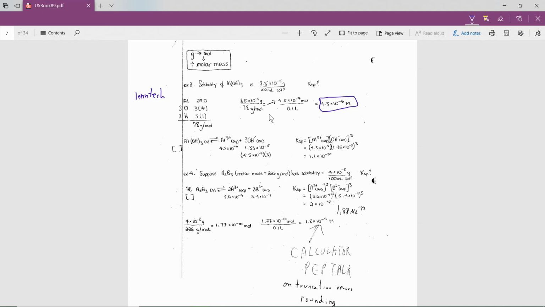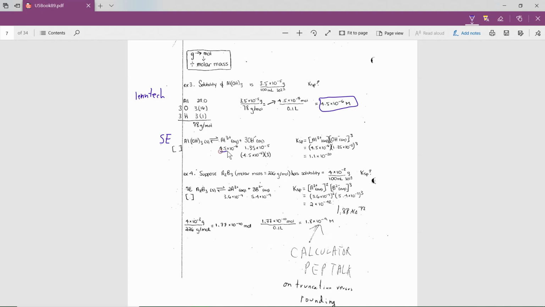Okay, once you have the solubility, you can write the equation. So it's Al(OH)3 goes to aluminum 3 plus aqueous plus 3 OH minus, because hydroxide, of course, is just 1 minus. I have 3 of them, so then aluminum has to be 3 plus.